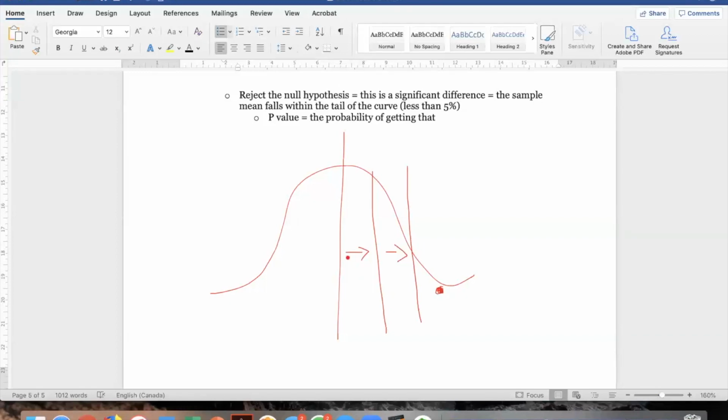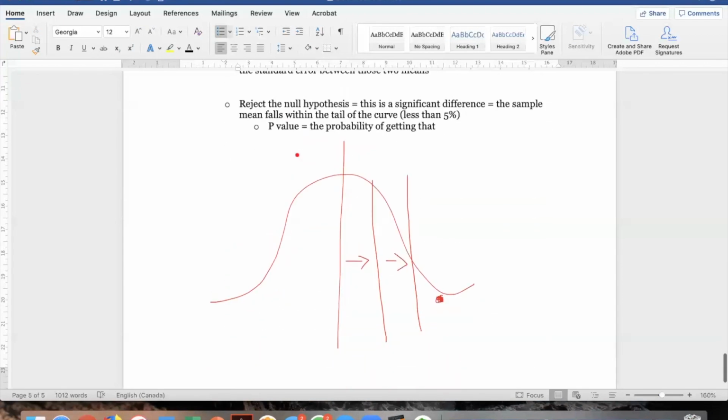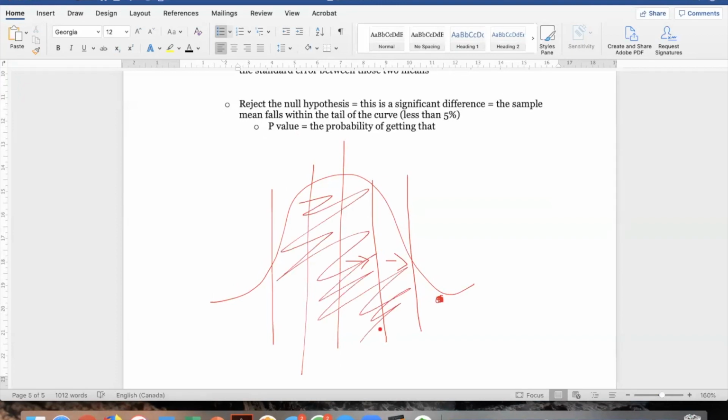And why? Because we know that 95% of scores in a normal distribution are going to land within these 2 standard deviations, or in this case, 2 standard errors from the mean.